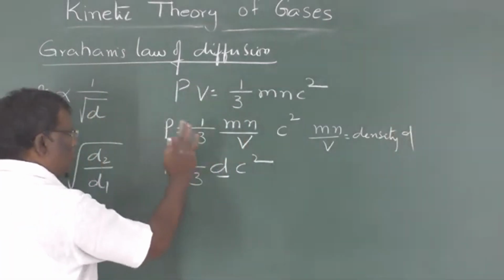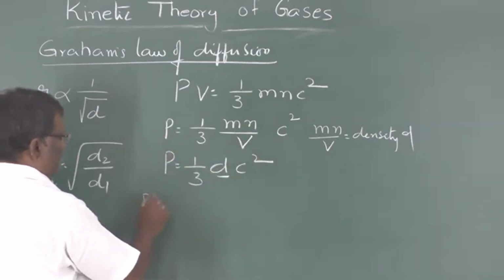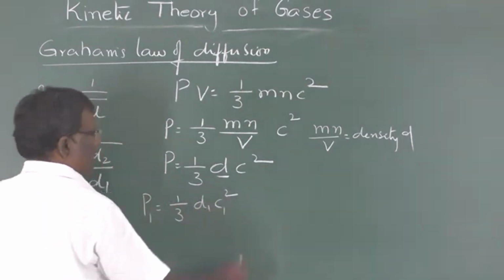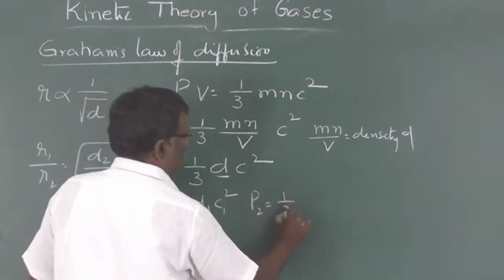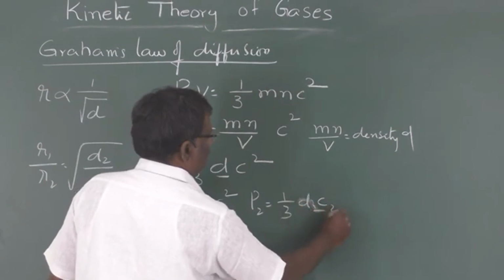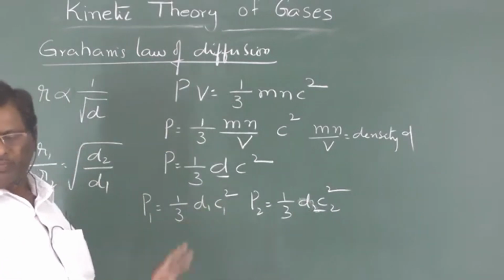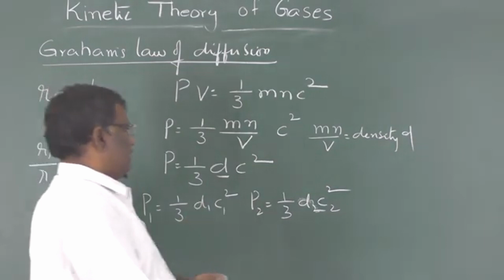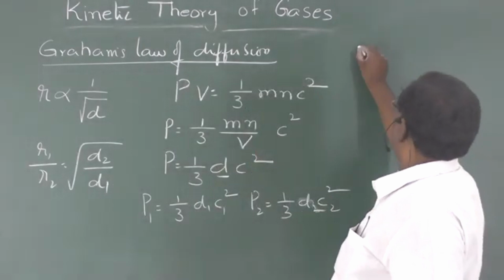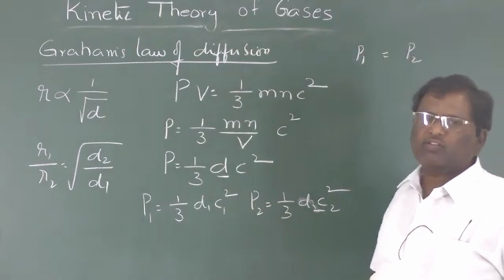So this expression can be written as P is equal to 1/3 d c square, where d is the density. When comparing two gases, P1 is equal to 1/3 d1 c1 square, and P2 is equal to 1/3 d2 c2 square. When the two gases are at the same conditions of temperature and pressure, P1 is equal to P2.